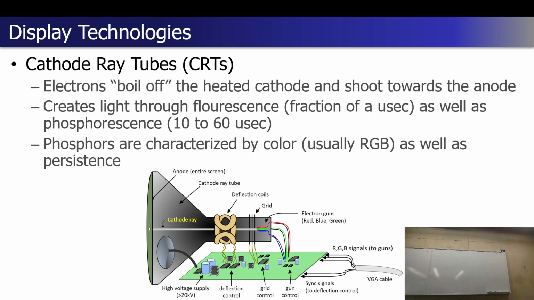So at a very high level, you have your RGB signals that are coming in off your interface to the actual display. The so-called electron guns, which are going to heat up anodes, and they're going to shoot towards this actual screen that has some phosphorance characteristics to it, and it's going to have these kind of directions of those electrons that are getting sent out, and it's going to be doing that raster scan pattern.